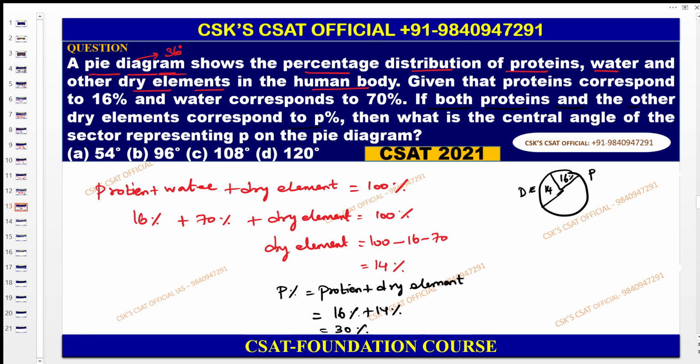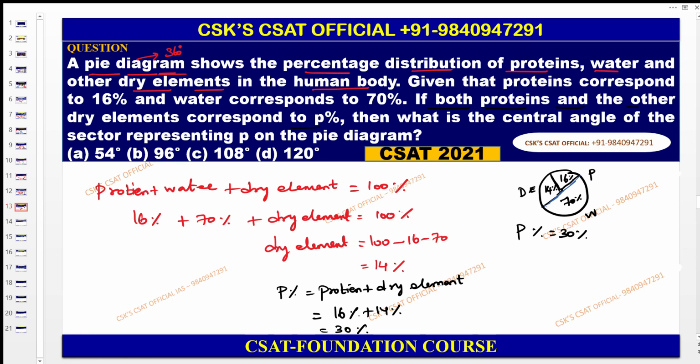The rest of it is 70%, water. Now we are finding the dry element plus protein, so that is nothing but P percentage, which is equal to 30%. They're asking you to find the angle of this. We need to find the angle.